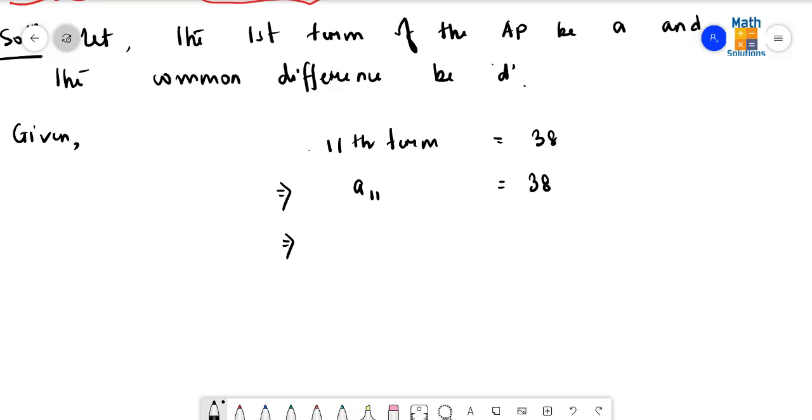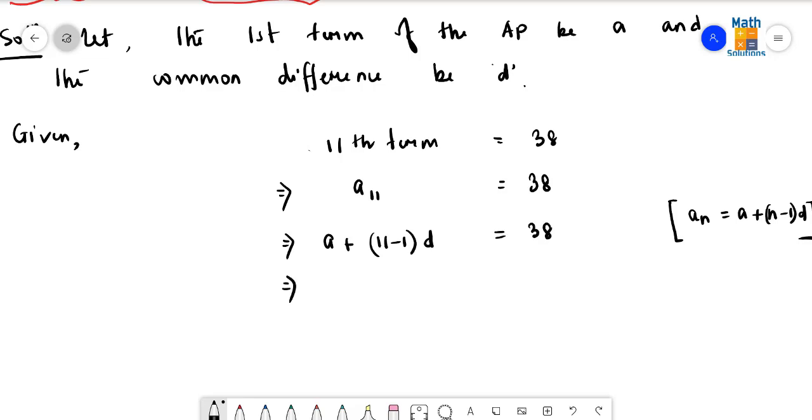So in place of a11, actually the general formula a_n is equal to a plus (n minus 1)d. Therefore for a11, when the value of n is 11, we can write a plus (11 minus 1)d, that is equal to 38.